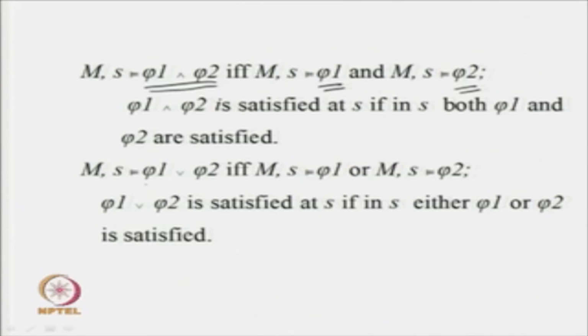Similarly, we can look at the disjunction phi 1 or phi 2. Since this is a disjunction, we say that in a particular state S, phi 1 or phi 2 holds provided either phi 1 holds in S or phi 2 holds in S. These are the basic operators that we have.